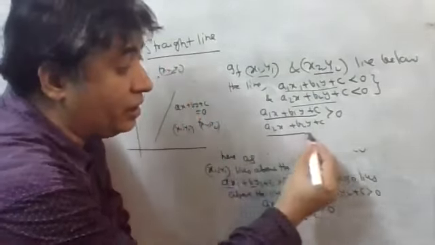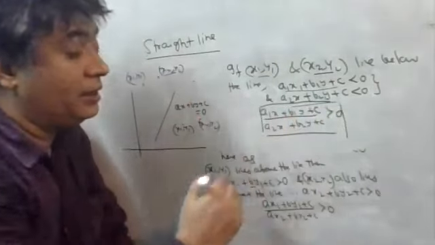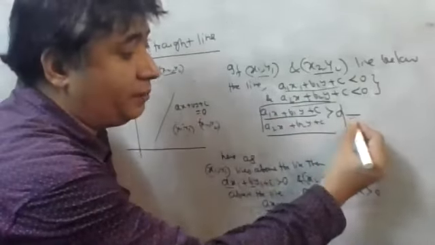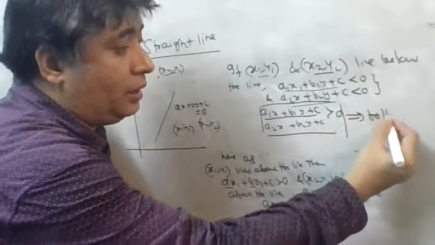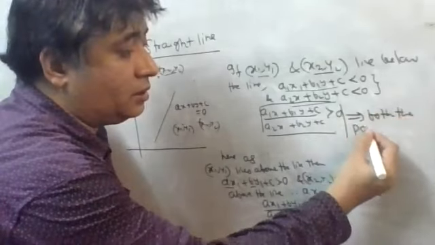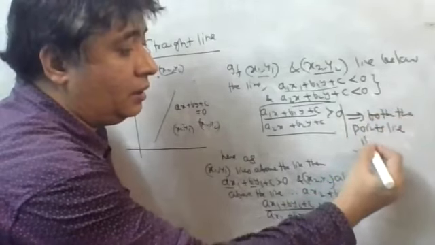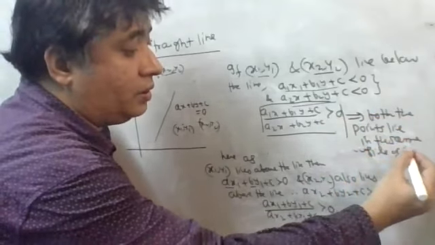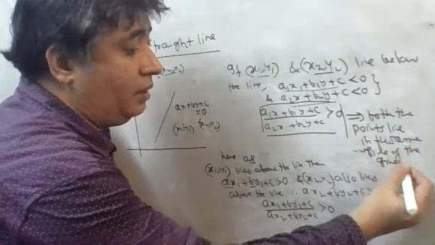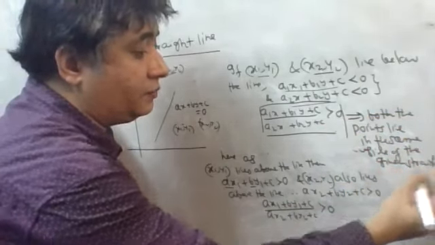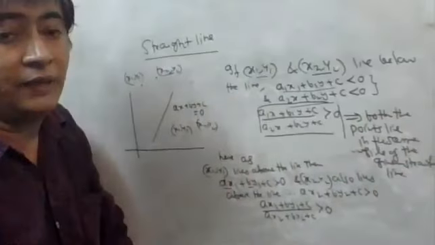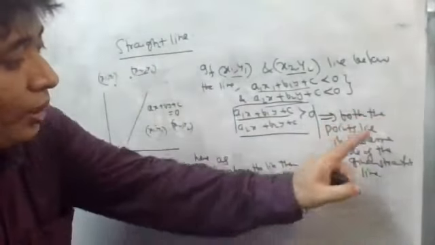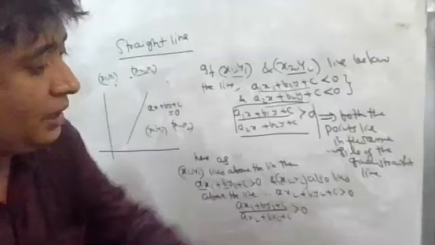That means this condition represents that both points lie on the same side of the given straight line. So if this is greater than 0, then both points lie on the same side of the given straight line.